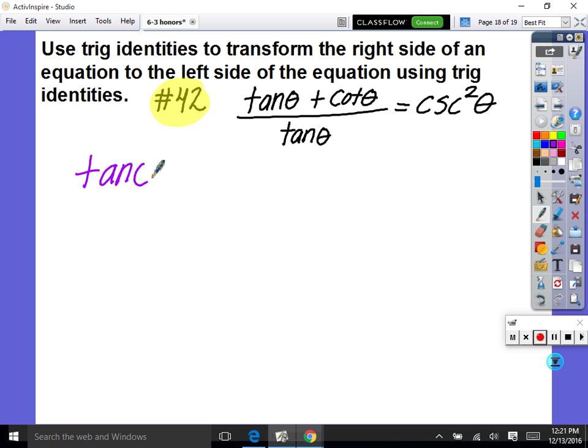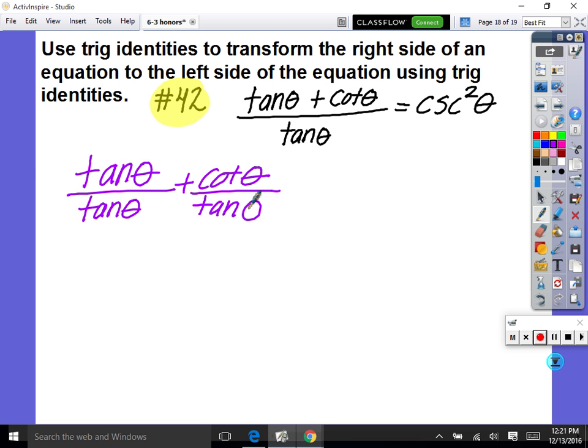I rewrote this as tangent of theta divided by tangent of theta, plus cotangent of theta divided by tangent of theta. Does everybody see how I left it? It's the same thing, right? I just split it up. So isn't that 1 plus cotangent of theta over tangent of theta?